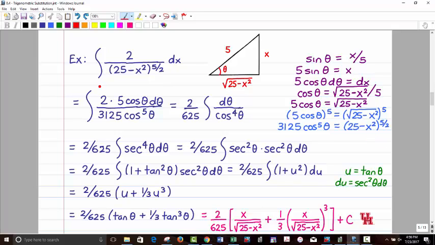So let's build us a trig integration here. The 2 is just the 2 right there. dx is 5 cos theta d theta. And then on the bottom we have 3125 cos to the 5th. And you get 5 over 3125 reduces to 1/625.